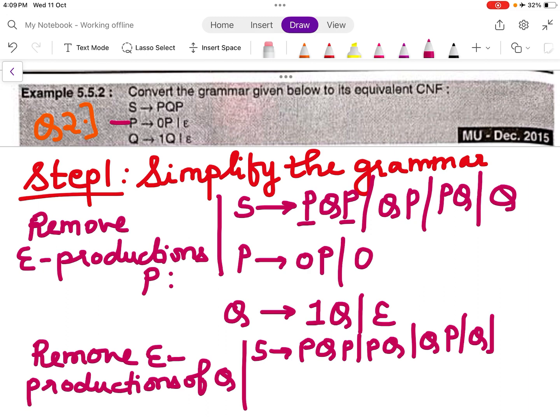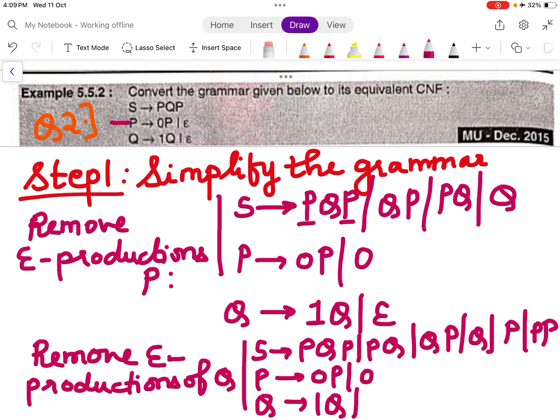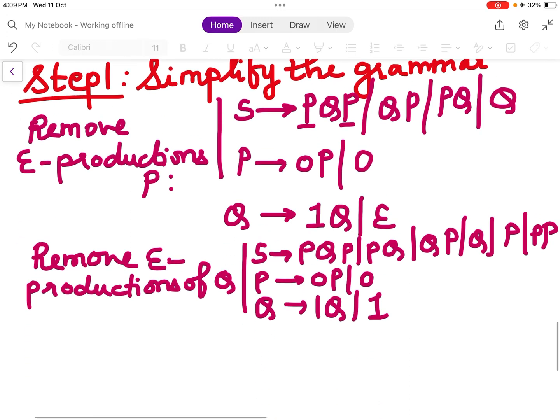So when Q is null, we get a single P or a double P, two P's. P gives 0P slash 0. Q gives 1Q. Q is null, so only 1 will remain. So this is your final production.